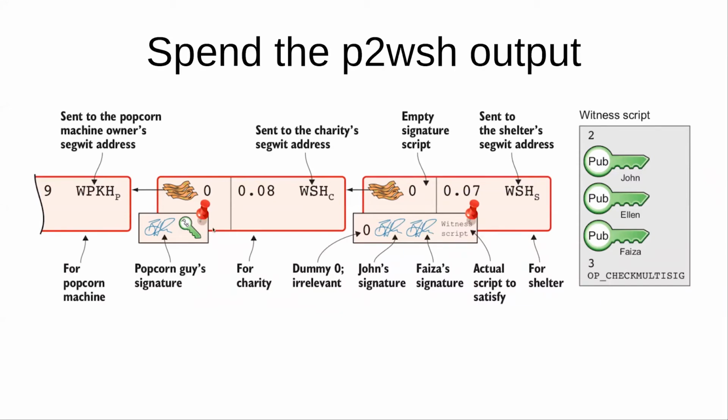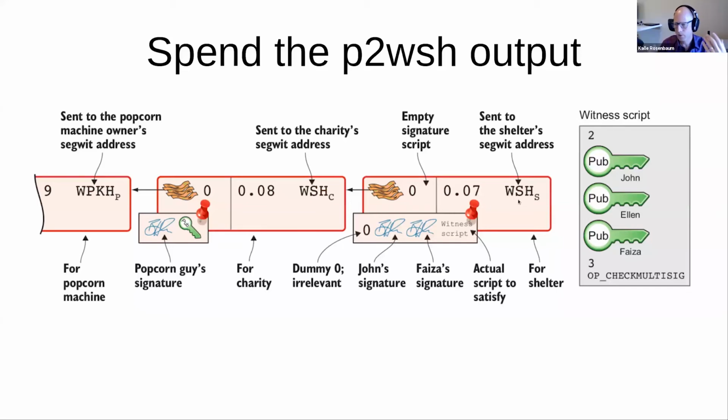This transaction is then published on the peer-to-peer network, and eventually it gets confirmed. At some point, the charity needs to buy some equipment for a shelter, for example. So they want to spend these coins on some shelter.